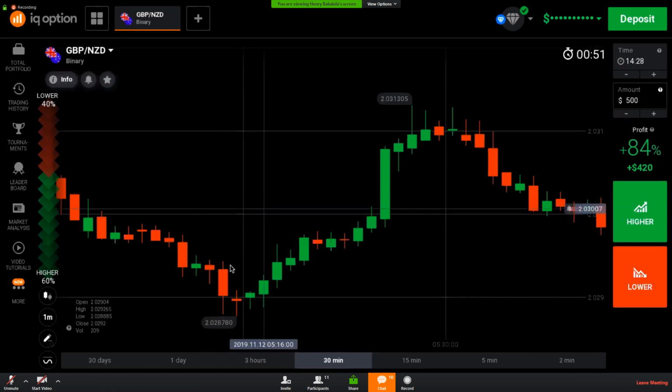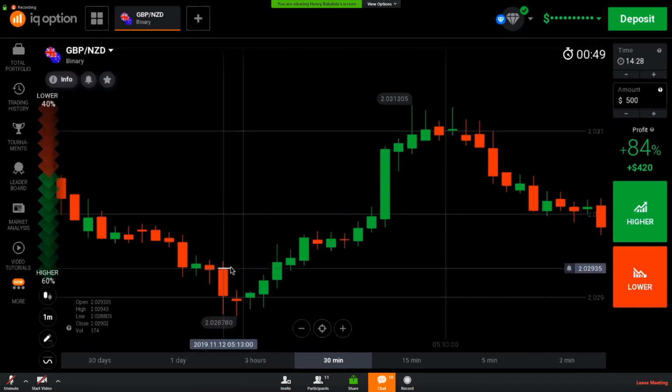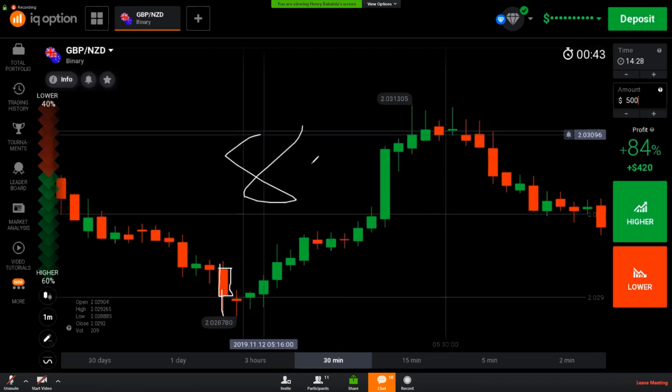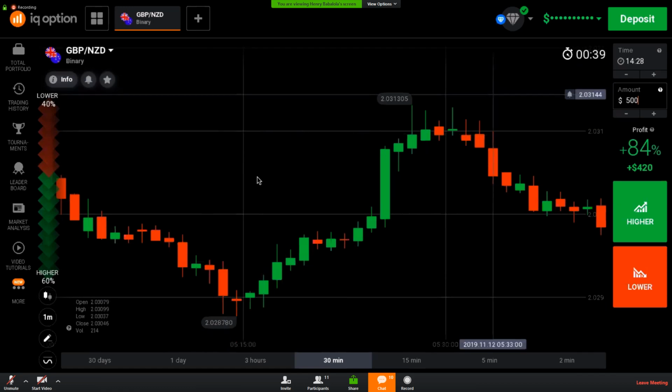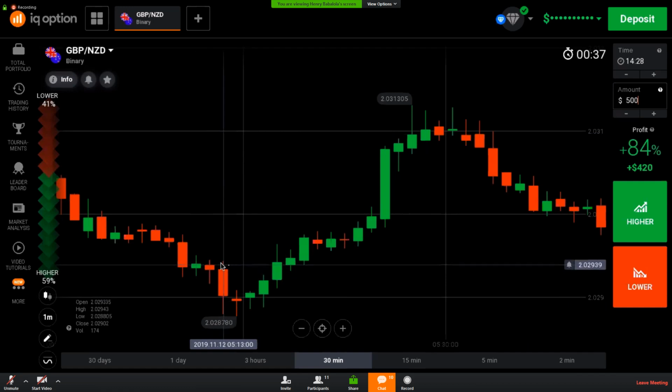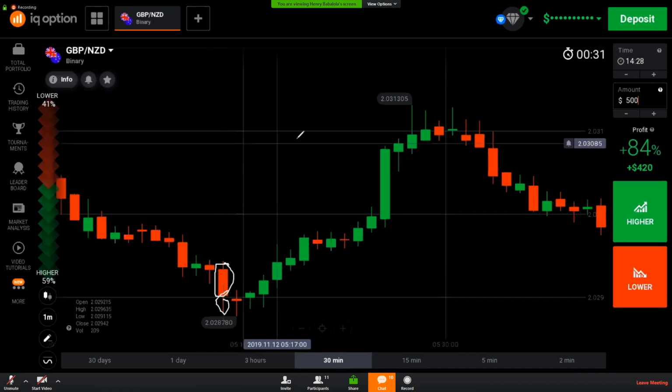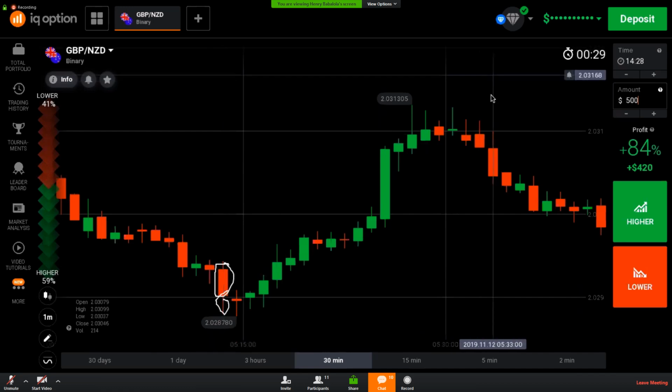So my point is, always compare the body of the candle with the rejection. It will tell you the strength of that candle. When you say a candle is a strong candle, it is because the body is stronger than the wick. So that shows the strength of the candle. Is it understood now?